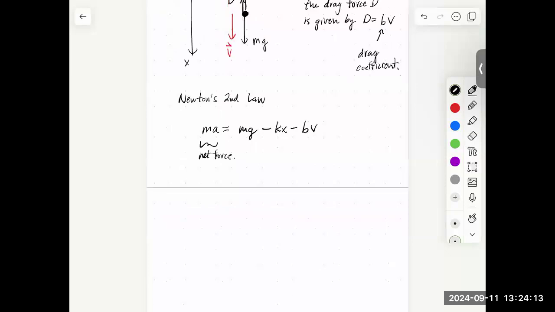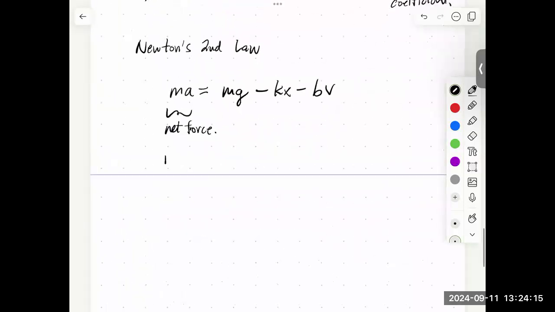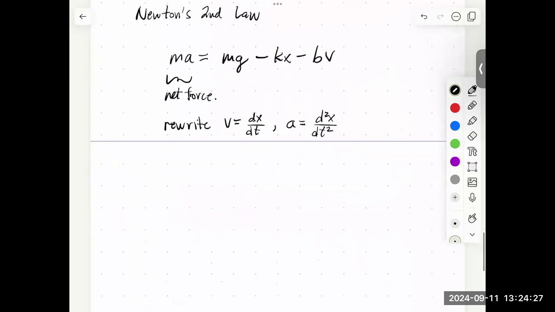So if we rewrite, well, let's just put it in there. m d²x/dt² is equal to mg, that doesn't change, minus kx, that doesn't change, minus b dx/dt.